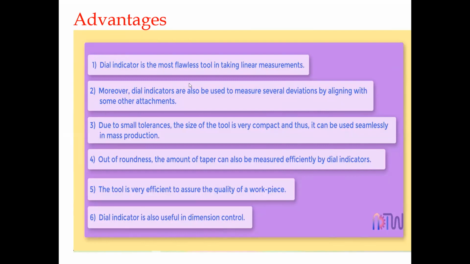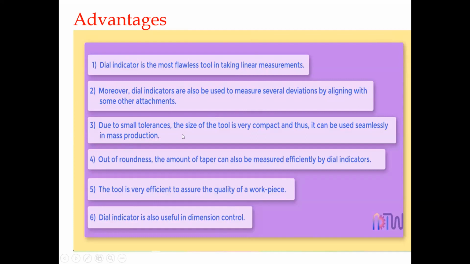Second, dial indicators can also be used to measure several deviations by aligning with other attachments. Suppose you want to measure an angle: the dial indicator is used in conjunction with the sine bar.